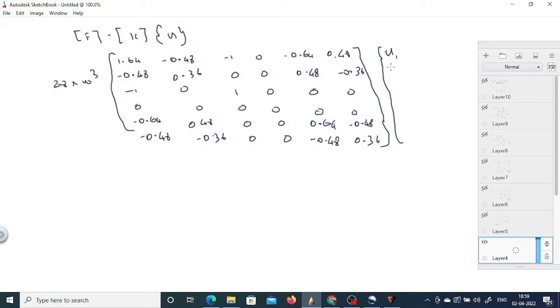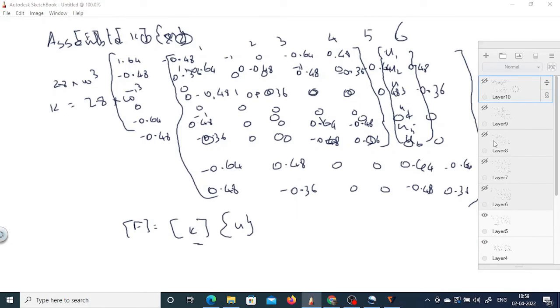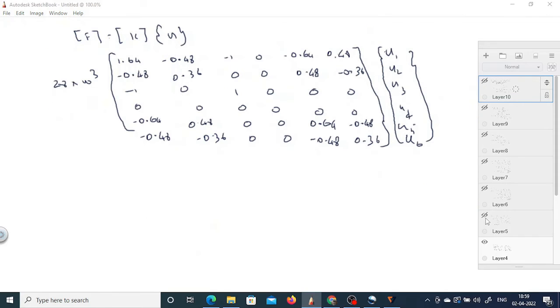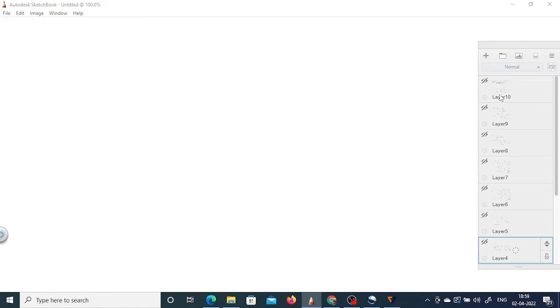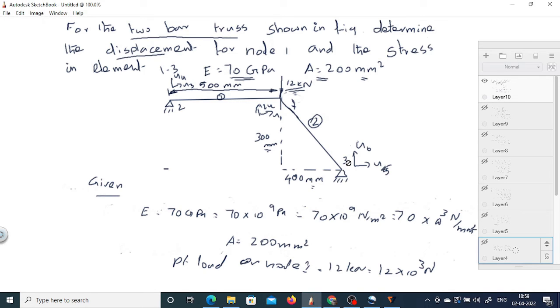I have 6 degrees of freedom in our problem: U1, U2, U3, U4, U5 and U6. Here, how do I tell I have 6 degrees of freedom? In the first step I told about it. At this point U5, U6, here U1, U2, U3, U4, likewise the displacement acts.